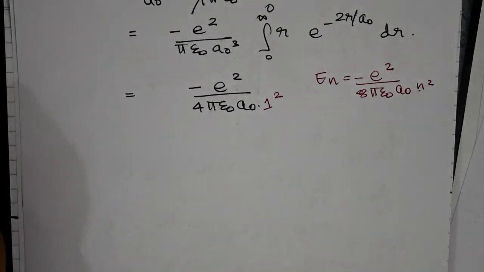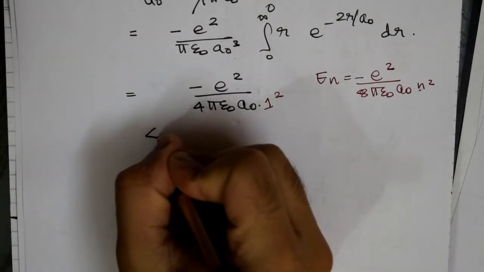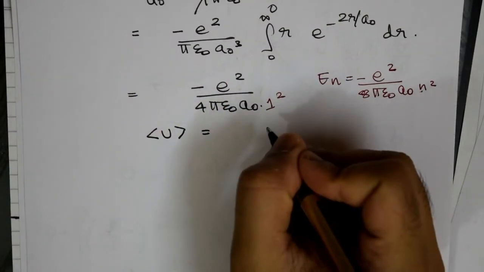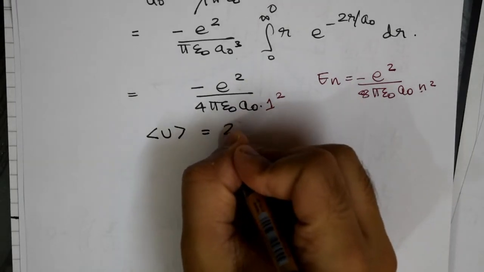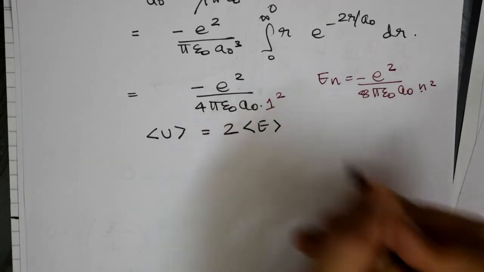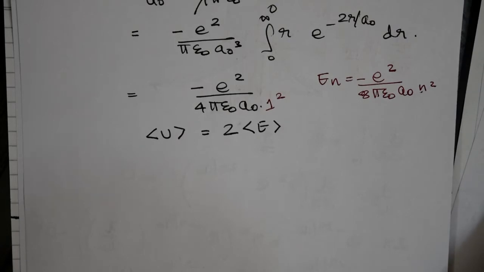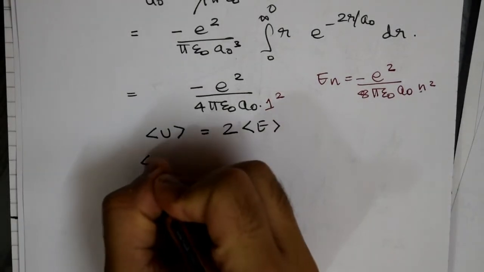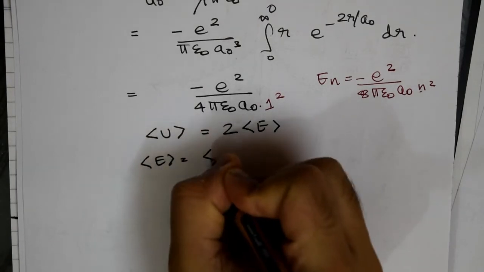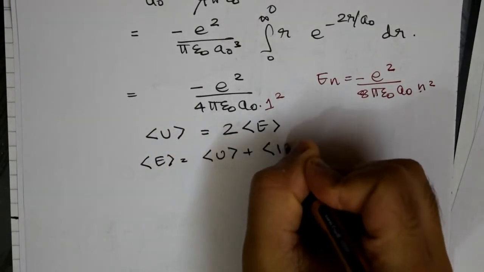So on close examination, you realize the expectation value of the potential is given by 2 times the total energy of the system. This is a very important conclusion because the total energy, average energy, will be given by the average of potential plus average of the kinetic energy.